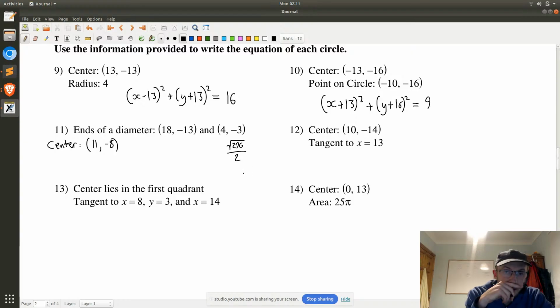Like that, and that'll give you the radius, I believe. Okay, so what goes into 296? Well, 4 times 74.